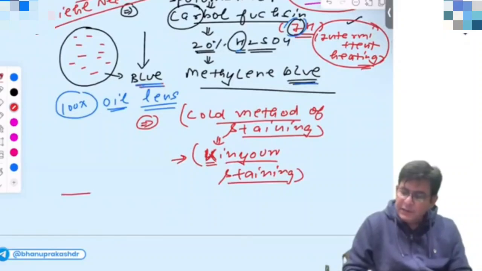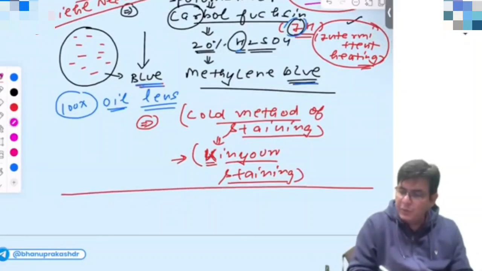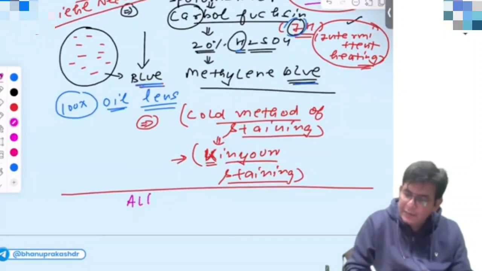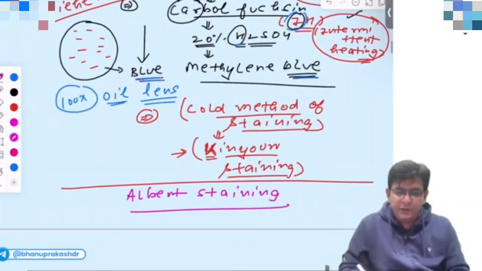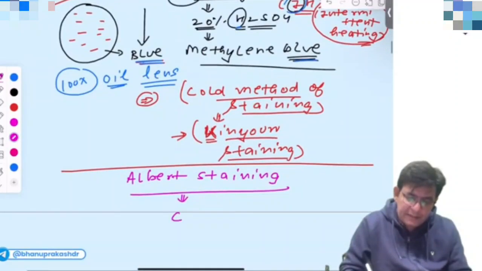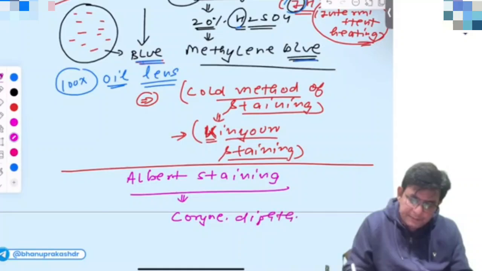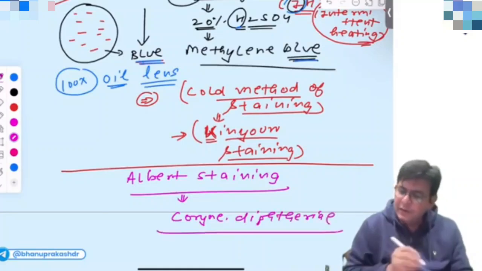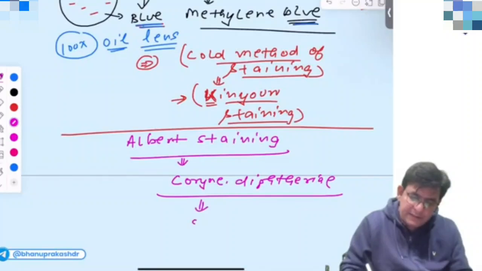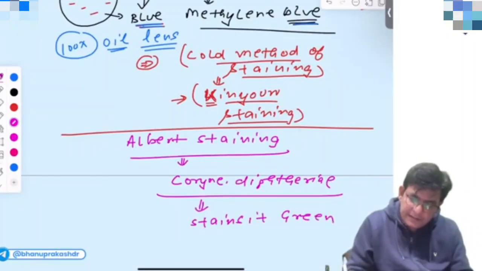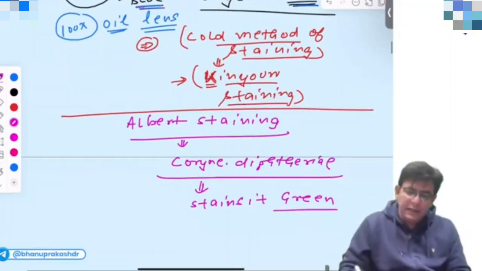Fine. The third most important one which you should know is Albert staining. Albert staining is done for what, guys? It is done for Corynebacterium diphtheriae, and it stains it green.